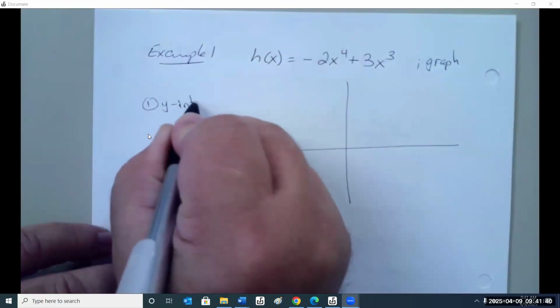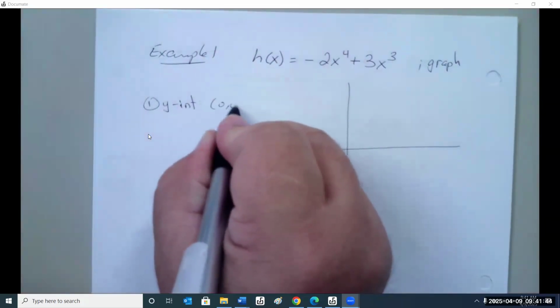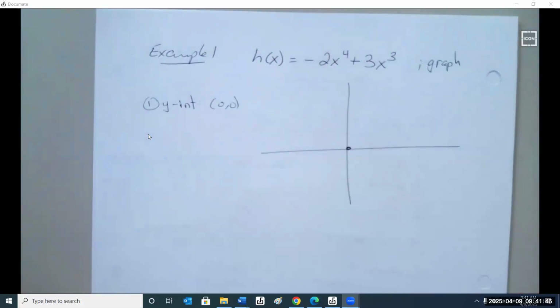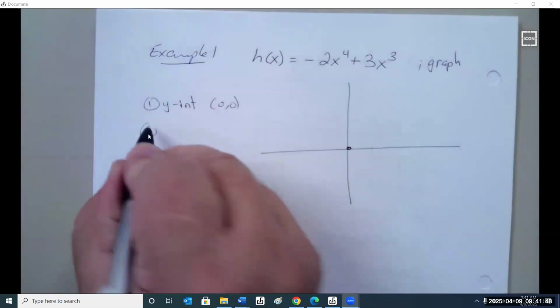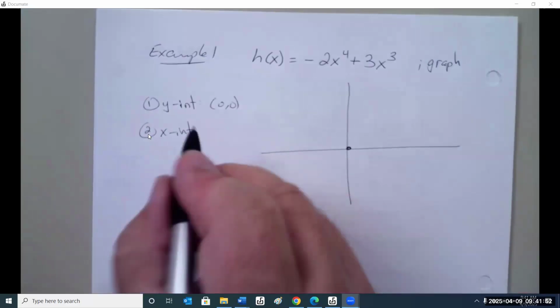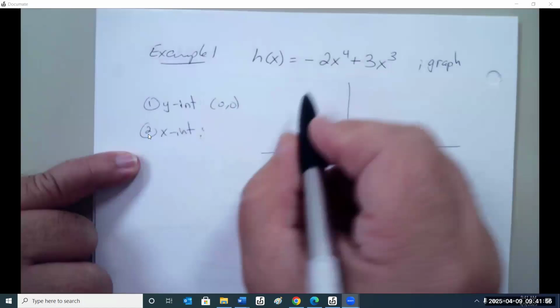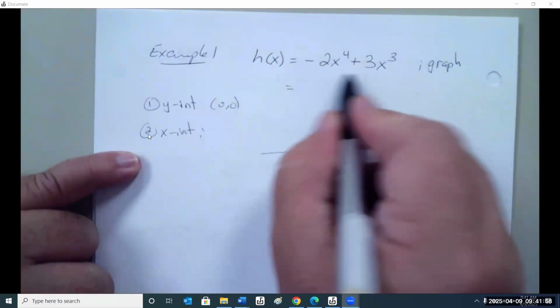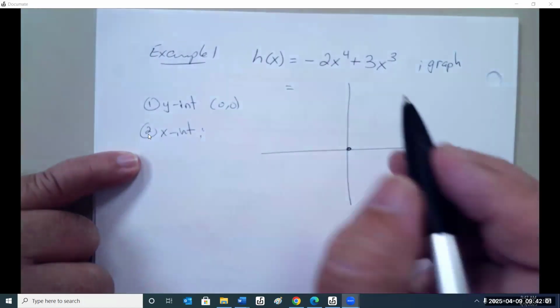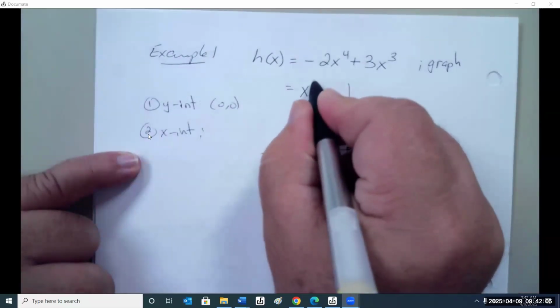So do we know the y-intercept? It's at 0, 0, right? So we know it goes through the origin. Do we know the x-intercepts? What we have to do first is factor. What can we factor out of here? There are 3 of them we can take out.